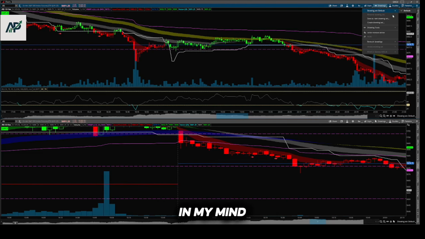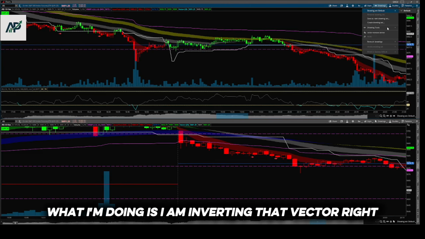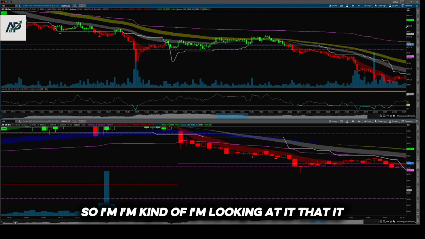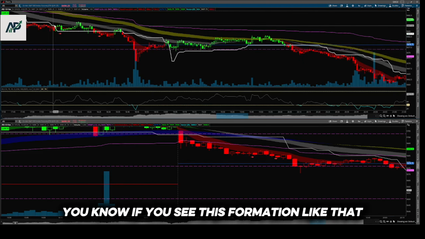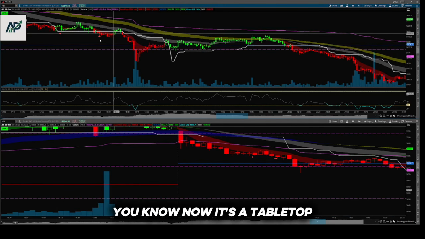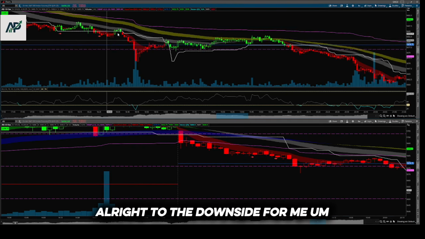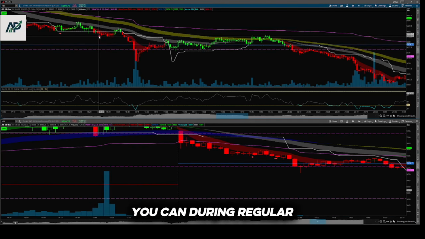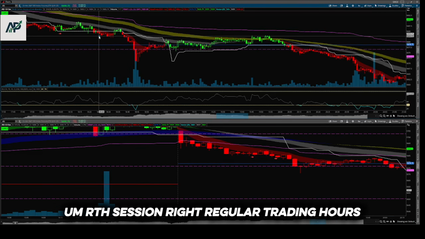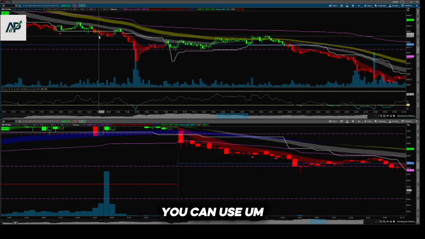In my mind, what I'm doing is inversing that vector, right? So if you see this formation like that, now it's a tabletop to the downside for me. During the regular RTH session, regular trading hours, you can use an in-the-money SPY put to help with that.